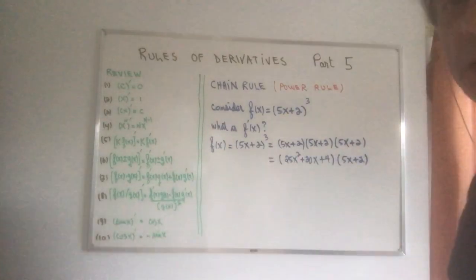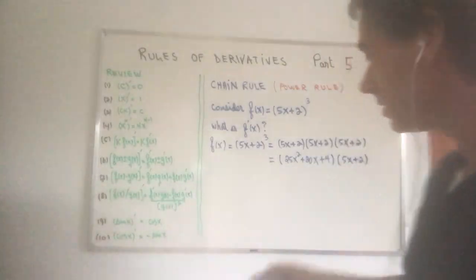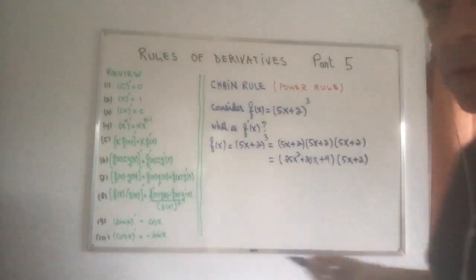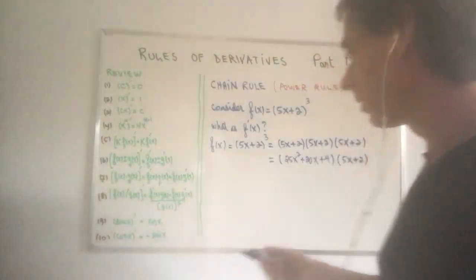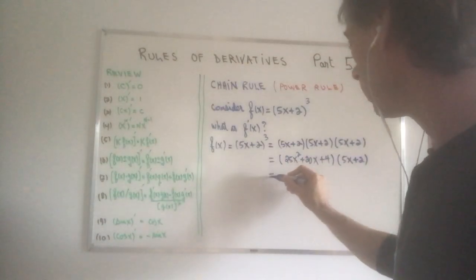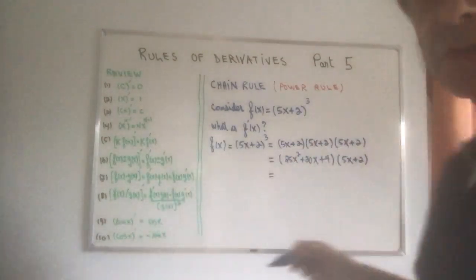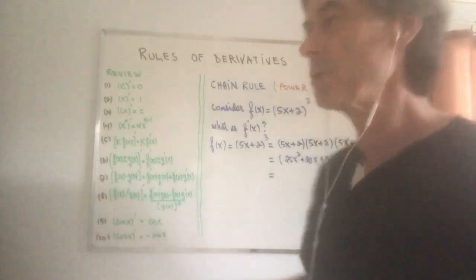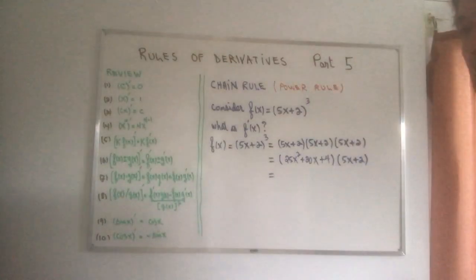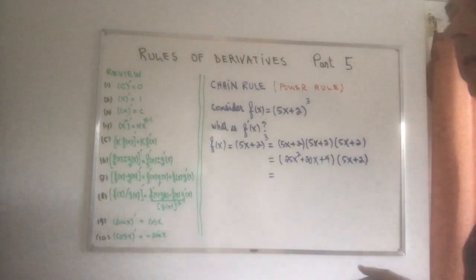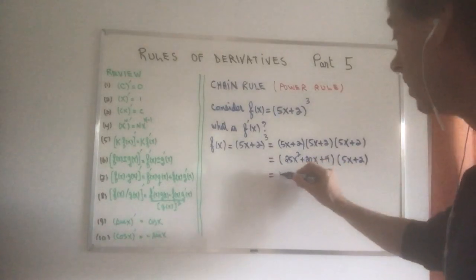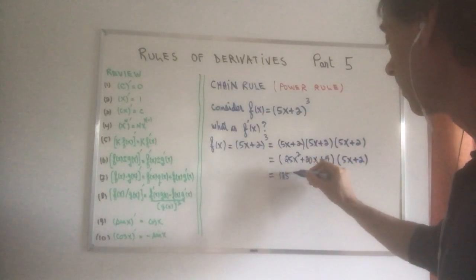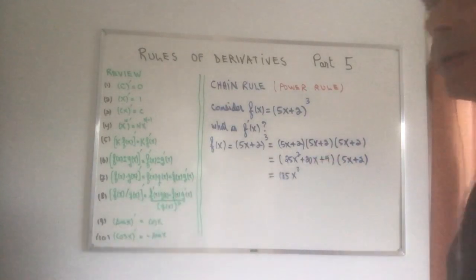Okay, so basically, that was pretty easy. Elementary algebra, elementary FOIL. Now, I am going to skip a few steps and basically just go straight to the answer, which is going to be something like 125x cubed.